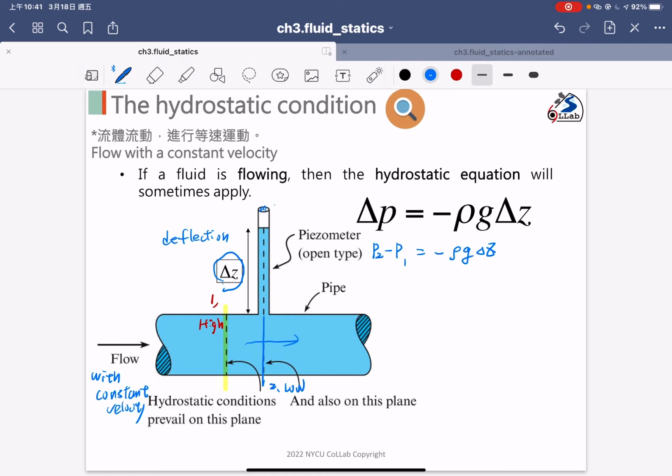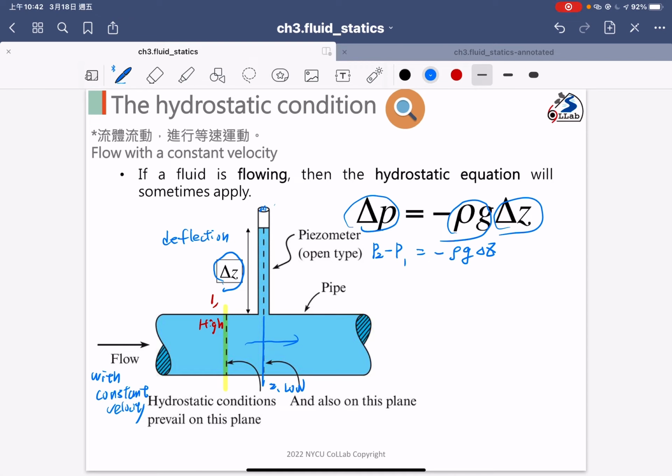The only difference is caused by how fast the flow speed is. If the flow speed is higher, the pressure difference is higher, and then we will see a relatively higher delta Z. This is one concept to help us better understand that delta P is related to delta Z, and also depends on what kind of fluid you use.